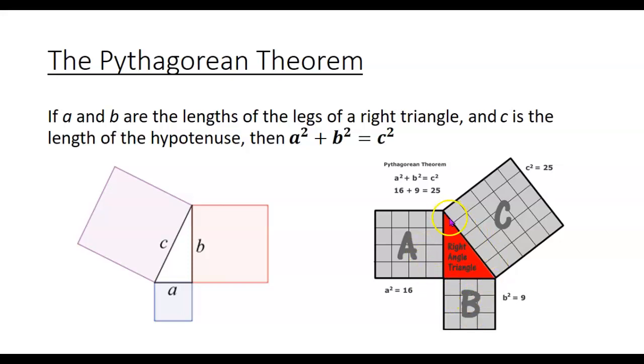Meanwhile, the hypotenuse has length 5, and 5 squared is also 25. So A squared plus B squared is equal to C squared. This is useful because if you have a right triangle and you know how long any two of the sides are, you can figure out how long the third side is. We're going to be doing that in the examples that make up the rest of this video.